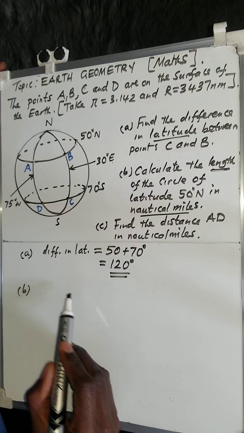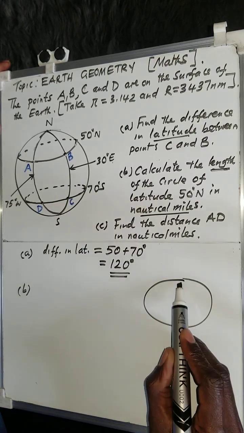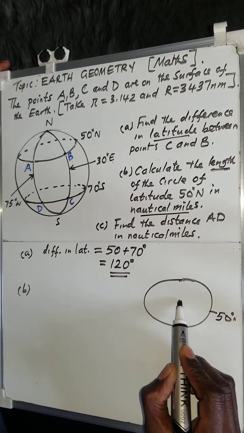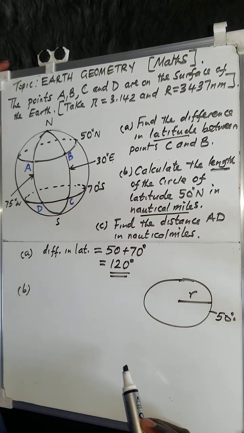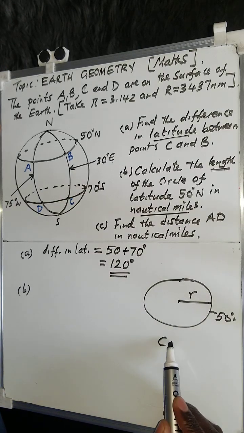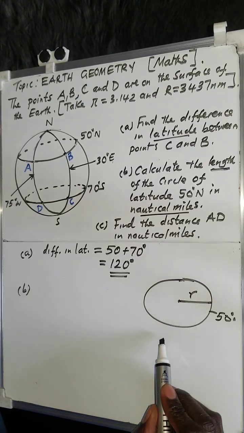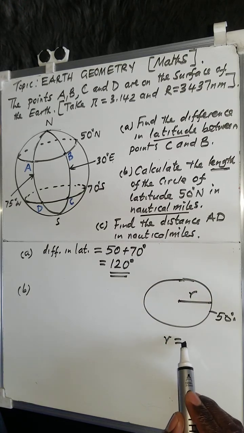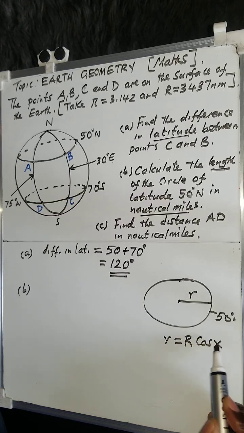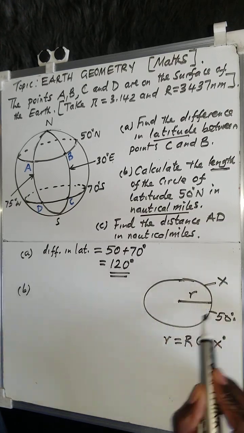Now the whole idea is that, let me give you a concept that you need to remember. Let's assume this is the circle, which is 50 degrees north. It has a radius which we are going to call small r, not the radius of the Earth. So how do I get the circumference? Maybe let me start, how do I get the radius? The radius there is simply given by the radius of the Earth times cos x, and that x is actually the very latitude, 50 degrees there.